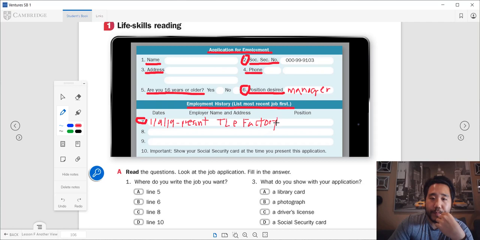And my position right now is salesperson. Yeah, it's hard to write.